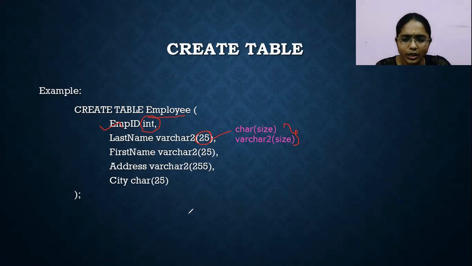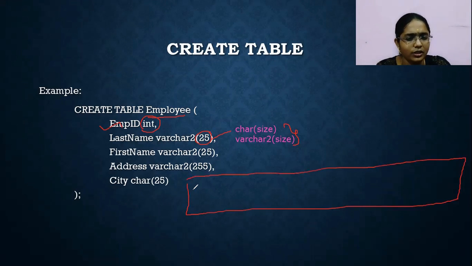Once this statement has been executed, what happens? You can notice that an empty table will be created with 5 columns. The first column is going to be the employee ID, EMP ID, whatever name we have given, in the same manner.